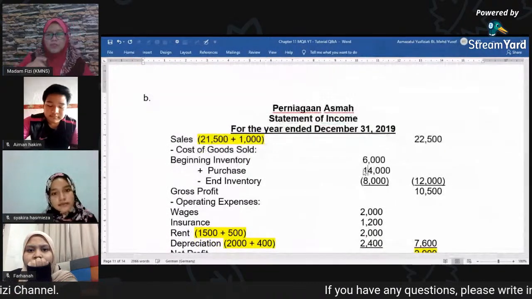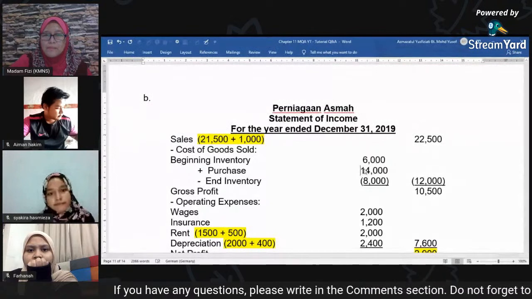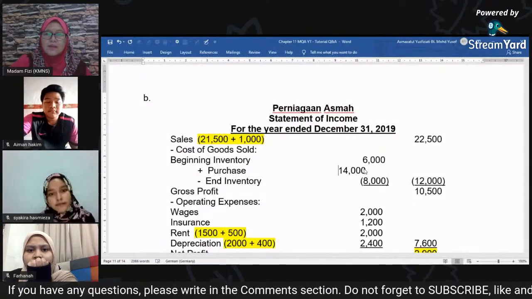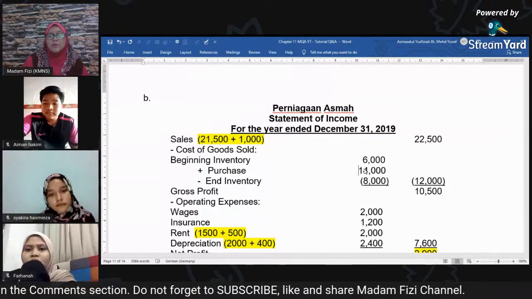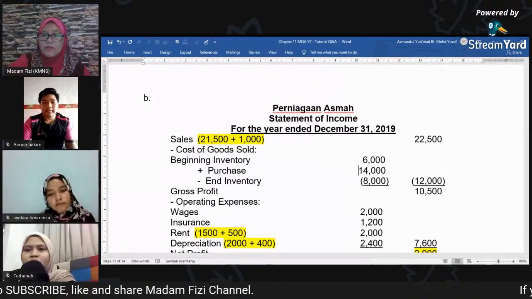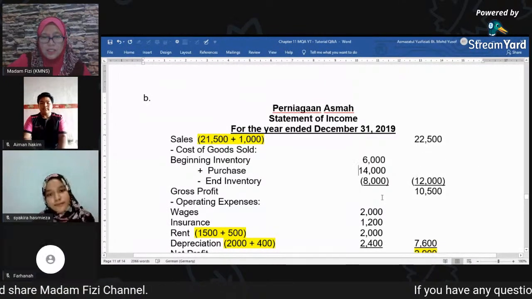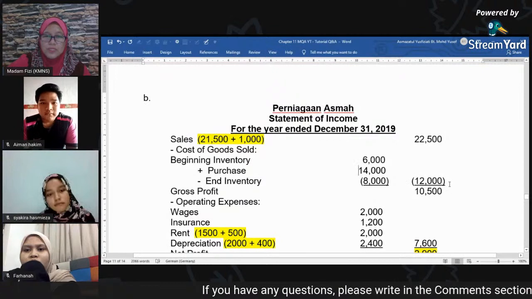So baru betul kan our answer? So 6 plus 14 is 20, minus 8 is 12. Baru betul. Okay, now the cost of goods sold is 12,000.